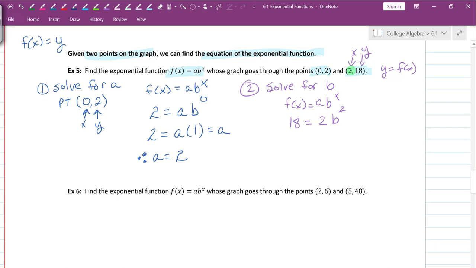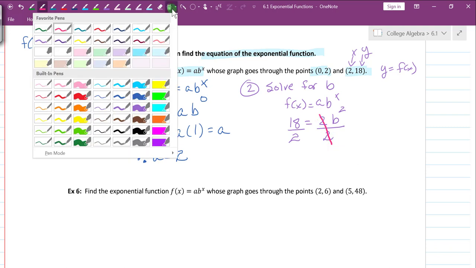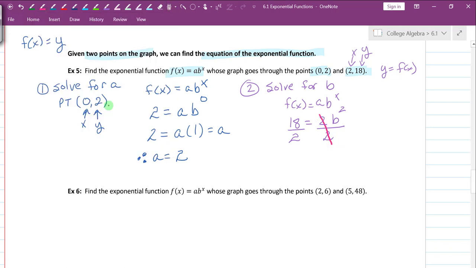Remember, I'm solving for b. So in order to solve for b, I'm going to divide both sides through by 2. And that's going to disappear. And I'm going to get 9 is equal to b squared. I'm going to take the square root of both sides.